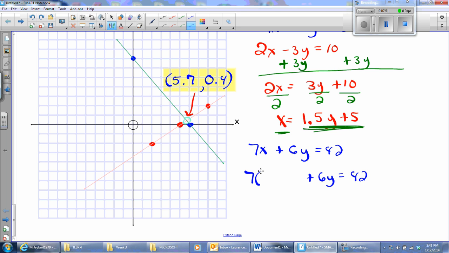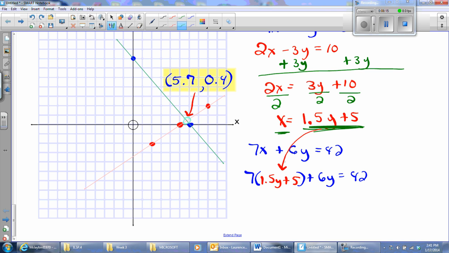But here in x's place, I'm going to put a number that I know is the same. What number is the same as x? 1.5y plus 5. I know that they're the same. How do I know that? Well, I solved for x, and my work told me that x equals 1.5y plus 5.